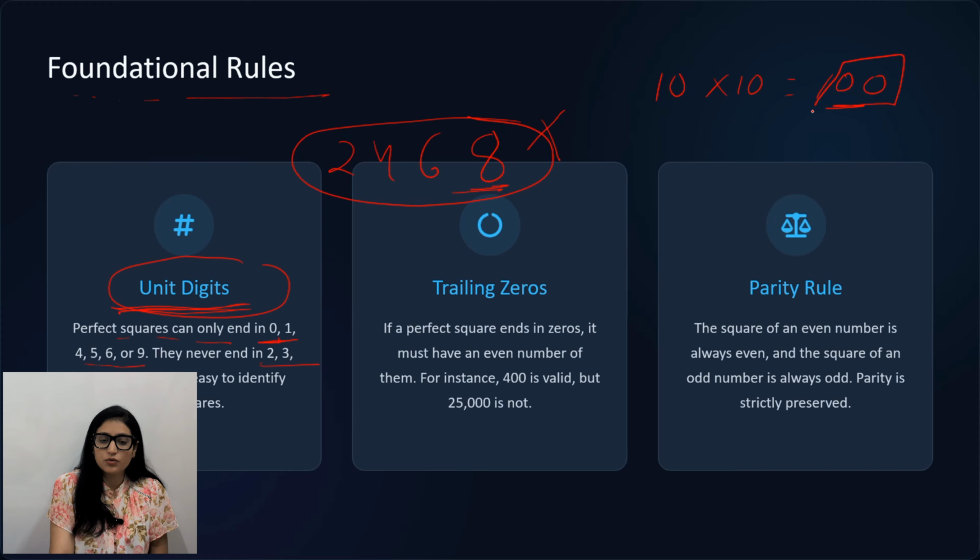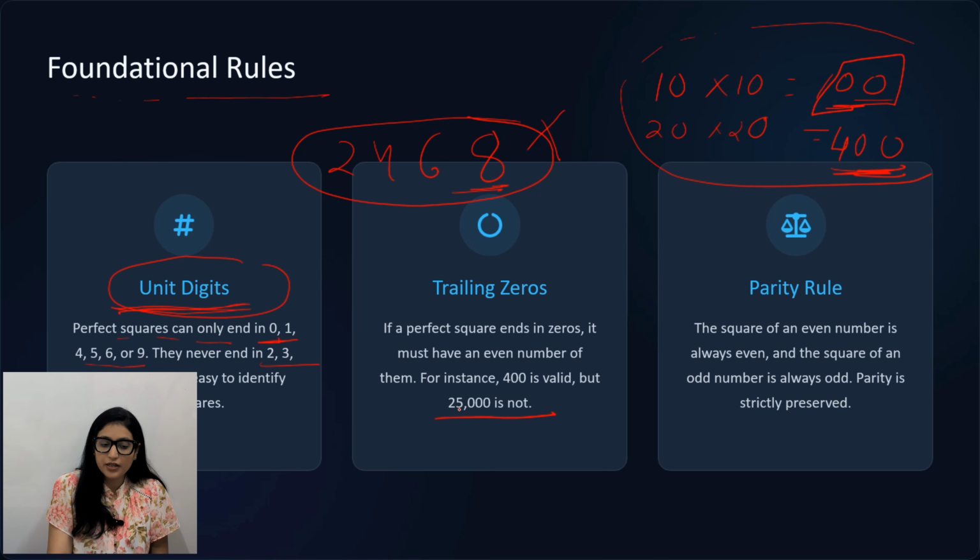Now, if we observe 10 into 10, we are getting 100. So how many zeros are there? 2. If I multiply 20 by 20, what is the square? It is 400. So the number of zeros in the square of any number is always even. That is, a perfect square always ends with an even number of zeros.